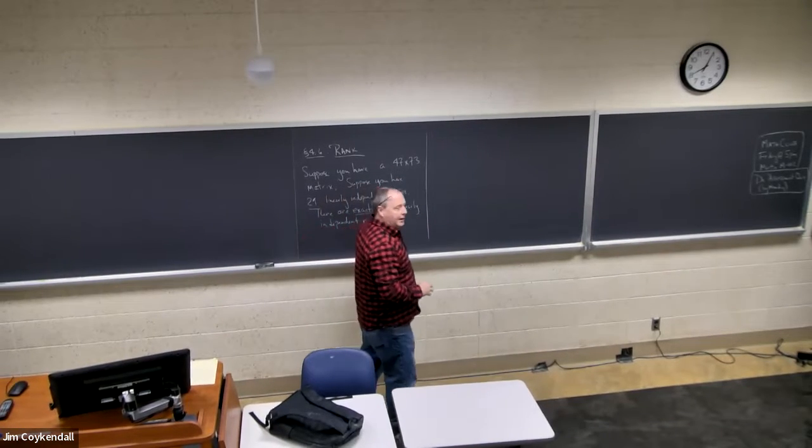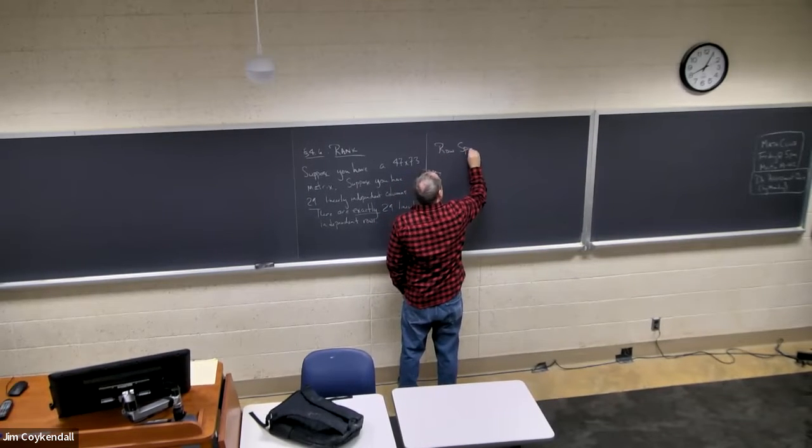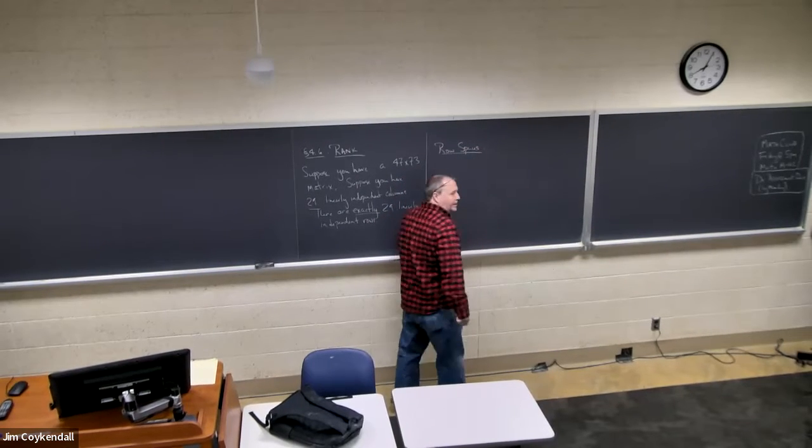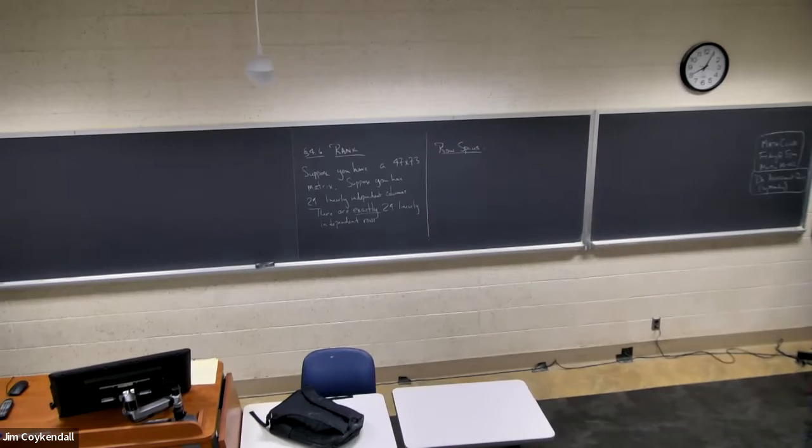Let me point out, so let's start by looking at row space. Just like you have column spaces with the column vectors, you can have a row space, row vectors, right? No difference.